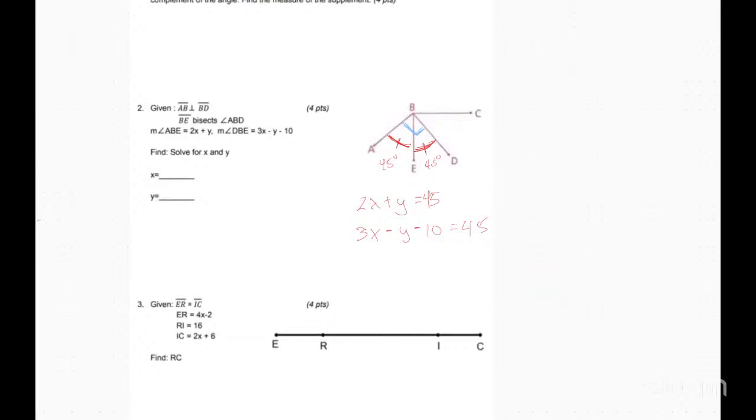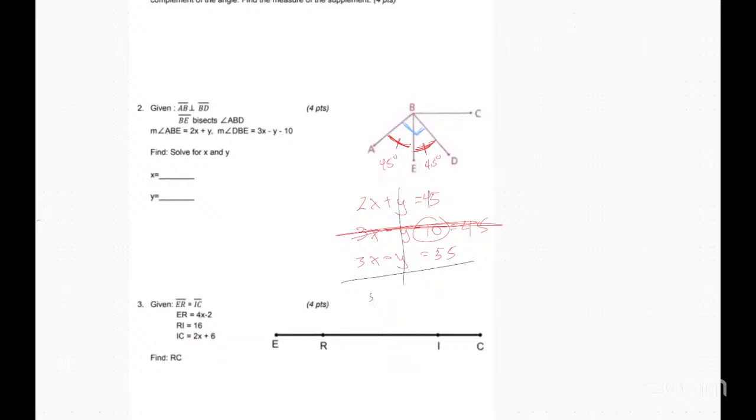You move that 10 over by adding it. Good. So this whole thing is gone now. And now I can do what? You can cancel out the y's. Good. So add them straight down, right? So this is 5x's plus 0 y's equals 100.